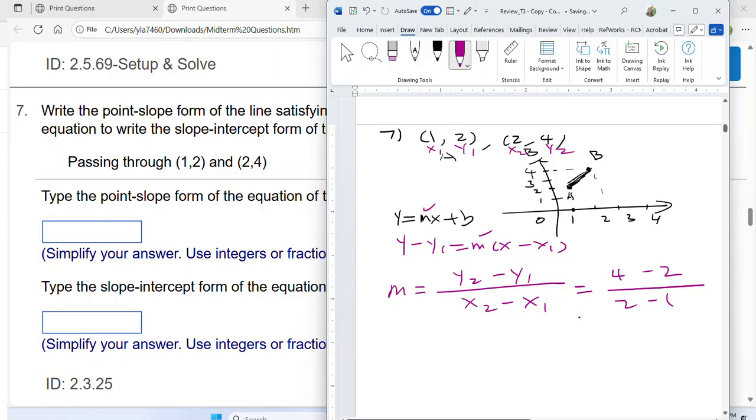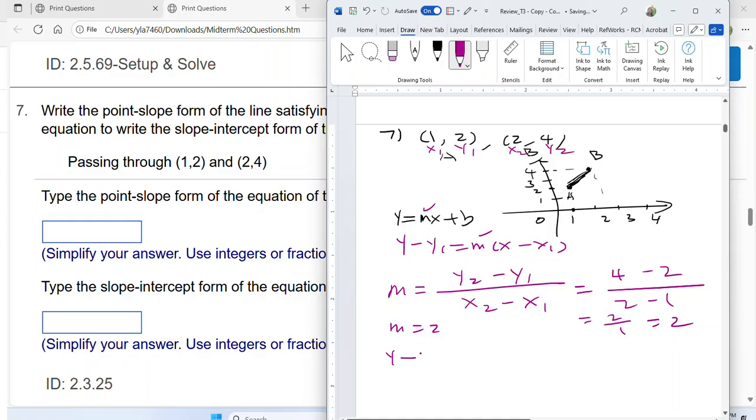I usually choose a point with a smaller number because it's easier. If you pick the other point, it will actually be the same, but you have to simplify. So I'm going to use y minus y1 equals m times x minus x1, so y minus 2 equals 2 times x minus 1.